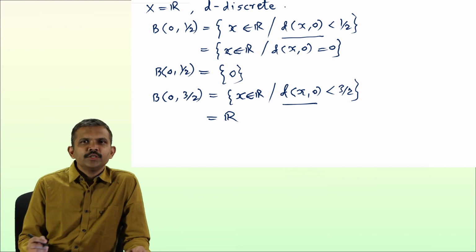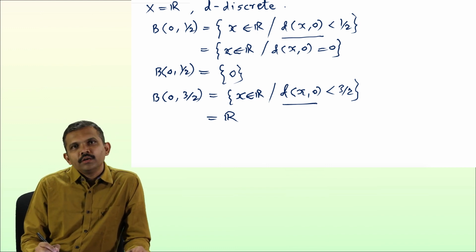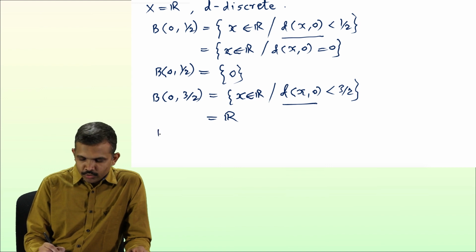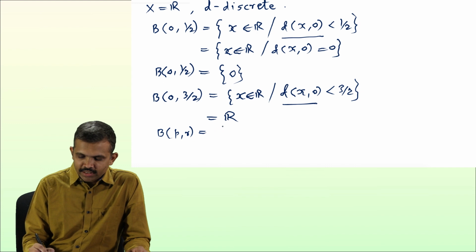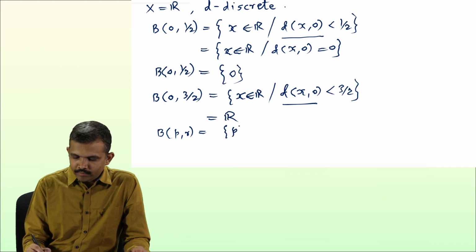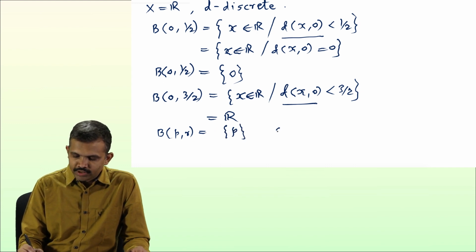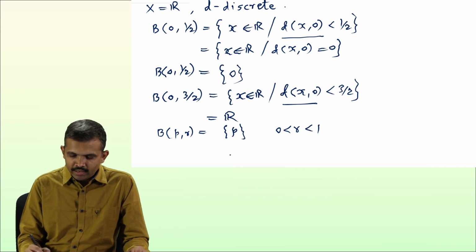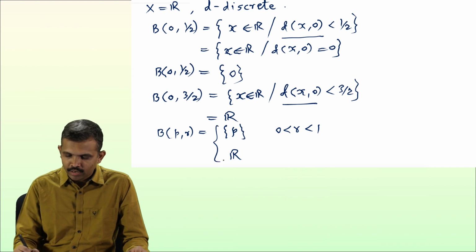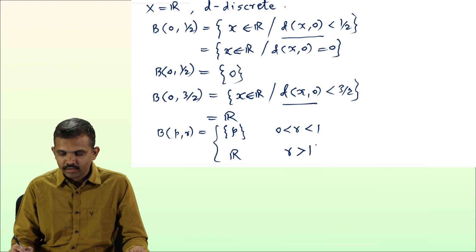So, the general structure of an open ball in this particular metric space is: you take any B(p, r), then it is going to be the singleton {p} if 0 < r < 1, and it is going to be the full space R if r is greater than 1.